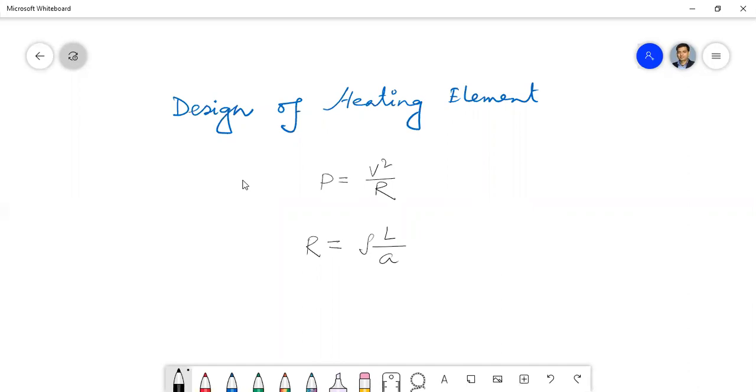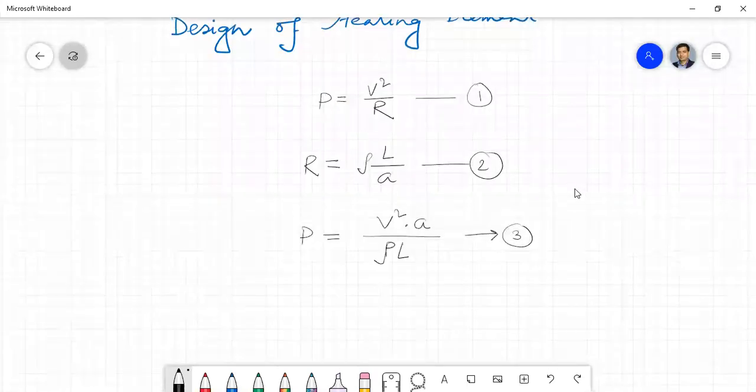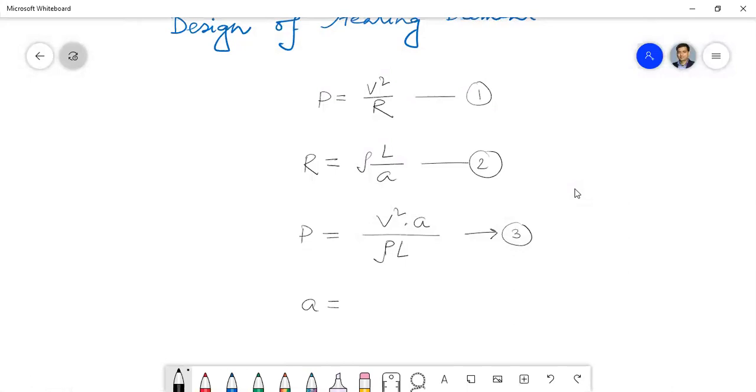Now, if I substitute the value of resistance in equation one, then we get P equals V square by rho L by A, that is V square A by rho L. Now again, if we assume the cross section to be circular, then A we can write as pi d square by 4, where d is the diameter of the heating element.